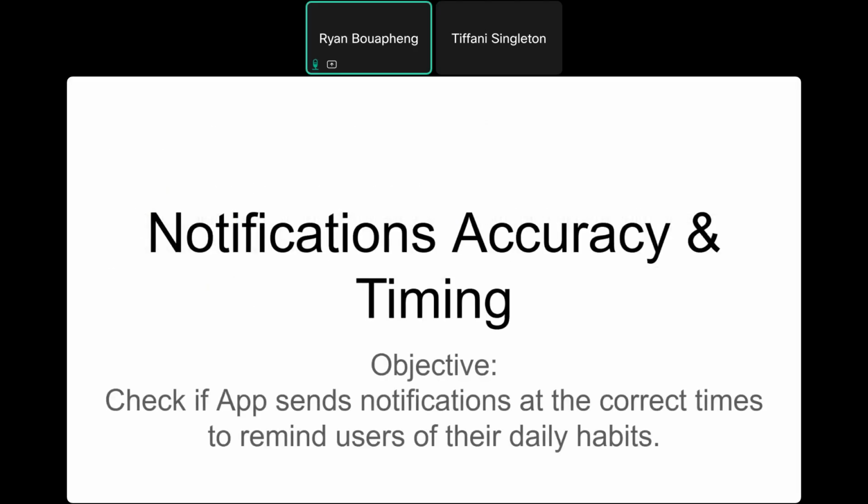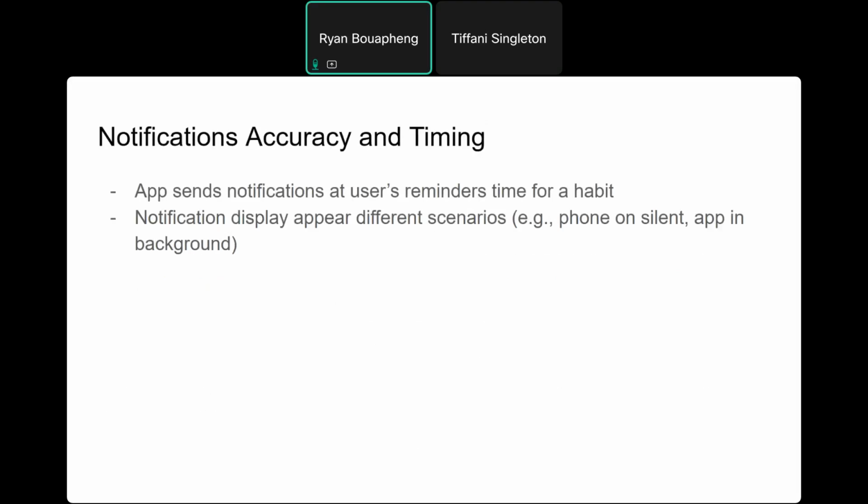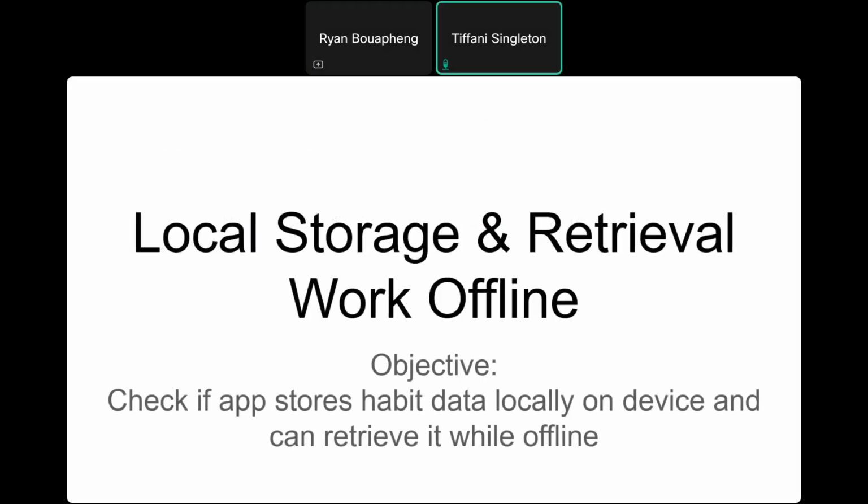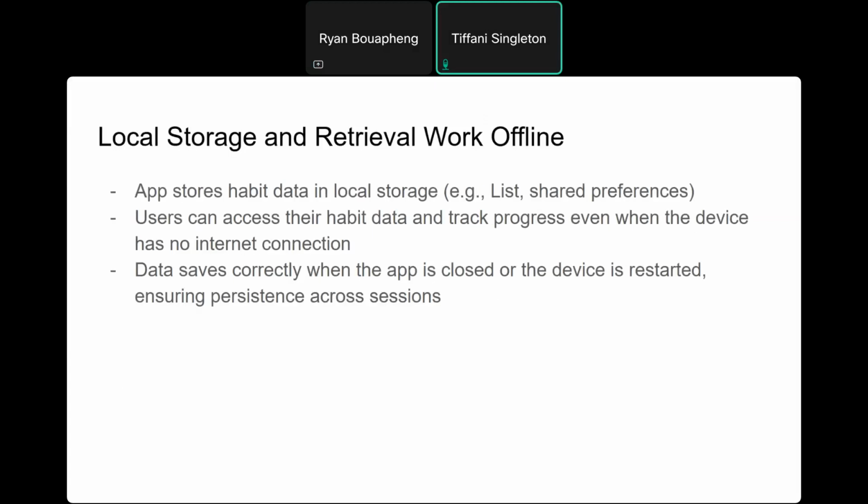We also checked notification timing, by setting reminders and checking if they showed up in real world scenarios like background mode or phone on silent mode. And finally, we tested the local storage. We used shared preferences to ensure the app worked fully offline and persisted across all user sessions.